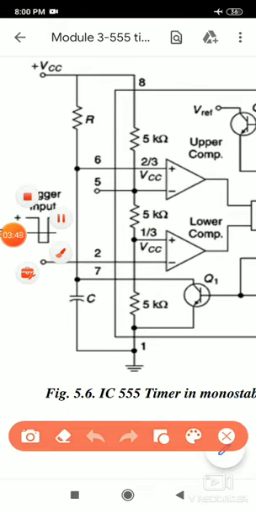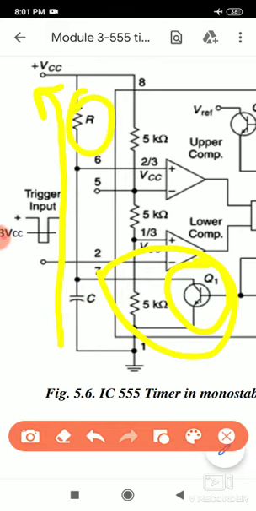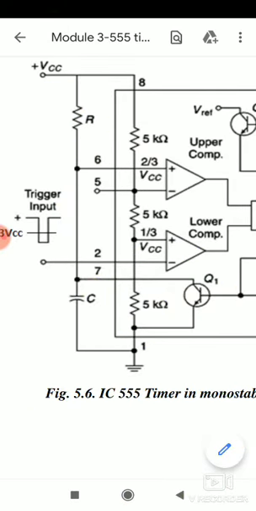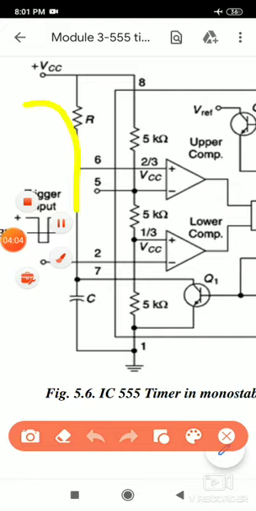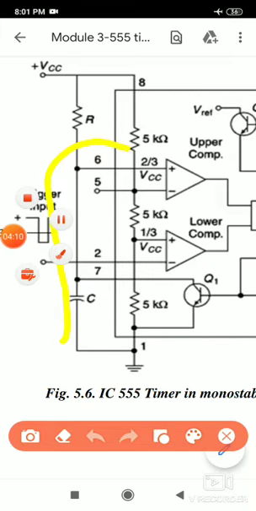The Q1 base will be 0 or negative voltage, so it will be in off condition, an open circuit, so the capacitor will be connected with supply voltage VCC through the external resistor R. Now the capacitor will be charging like this.